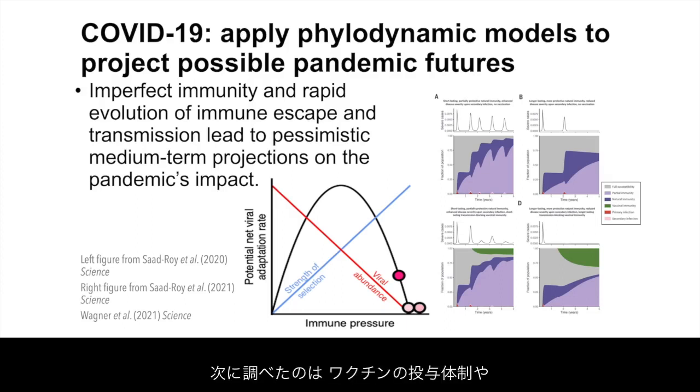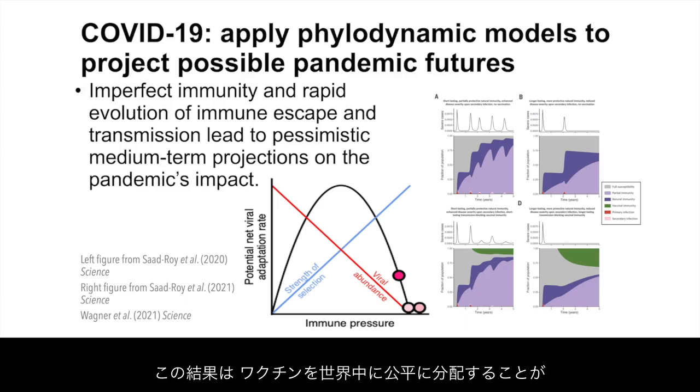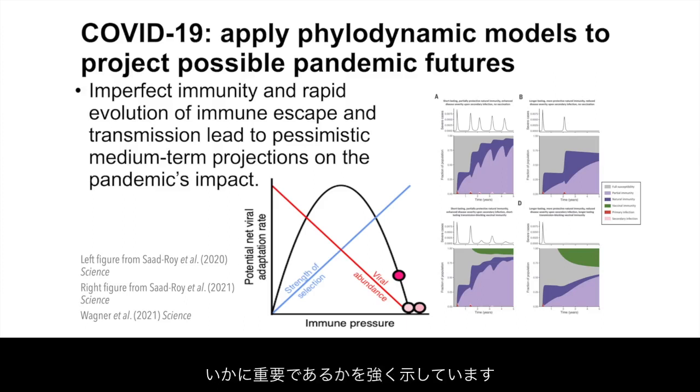We then explored how vaccine dosing regimes and inequities in vaccine distribution between countries might affect the evolution and spread of new variants. Our results underline the importance of global equity in vaccine distribution. If vaccines are inequitably distributed, the probability of new variants that can escape immunity increases.